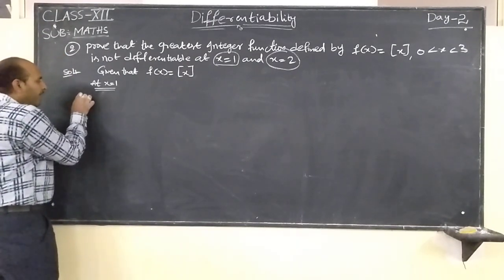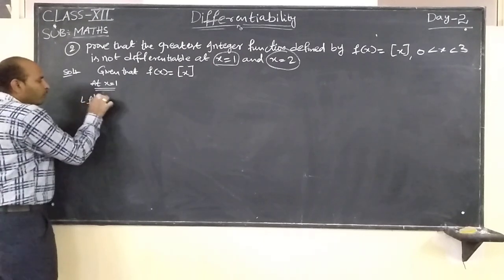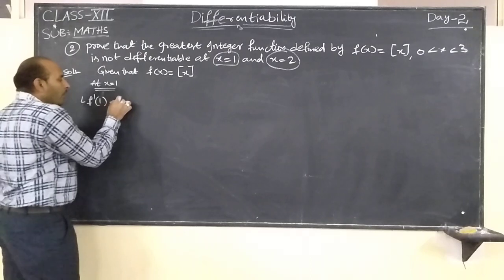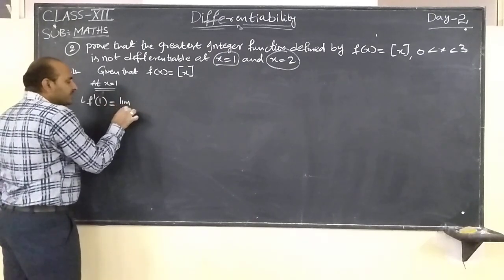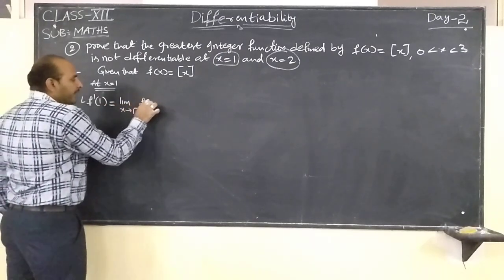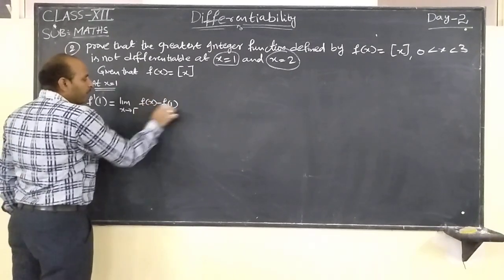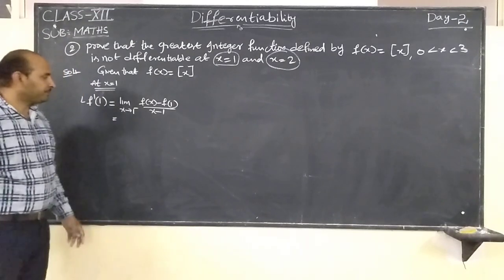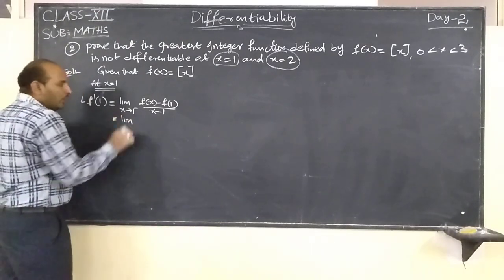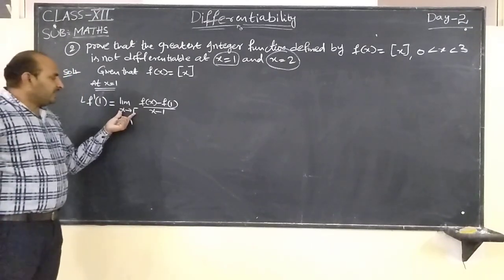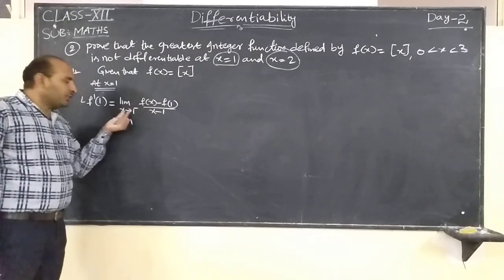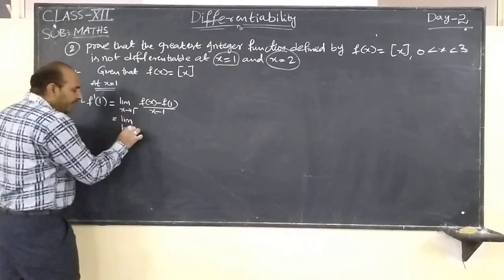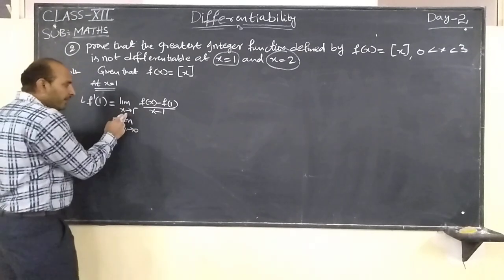So the left derivative at x is equal to 1, limit x tends to 1 minus of f of x minus f of 1 divided by x minus 1, you can write as. So limit, when we interchange the condition, when x tends to 1 minus, h tends to 0, the limits also change.